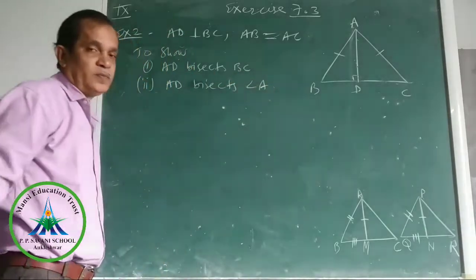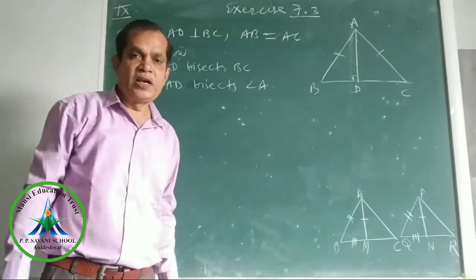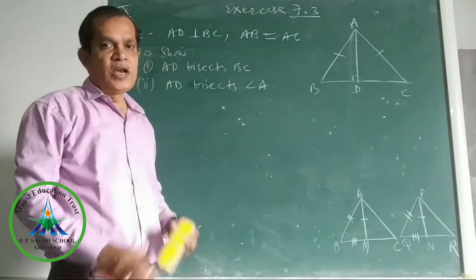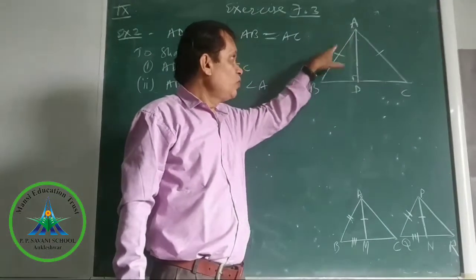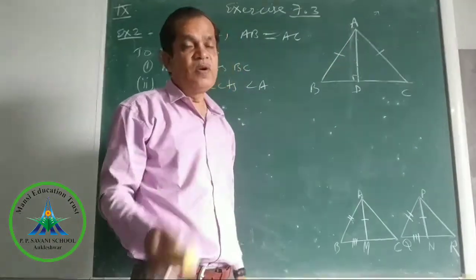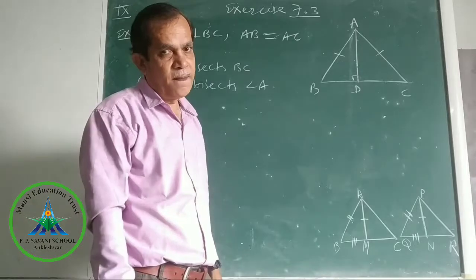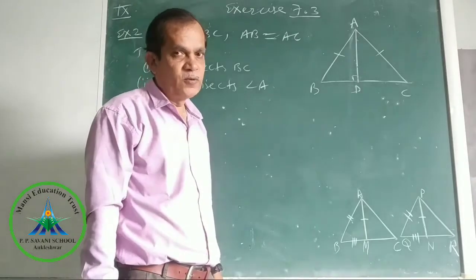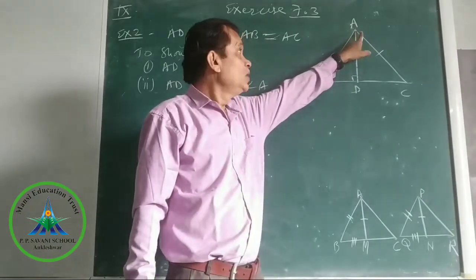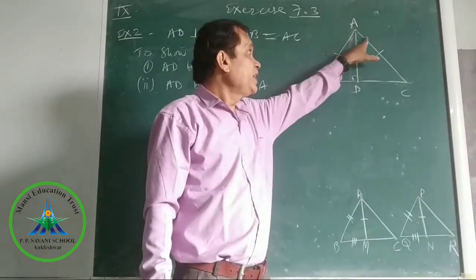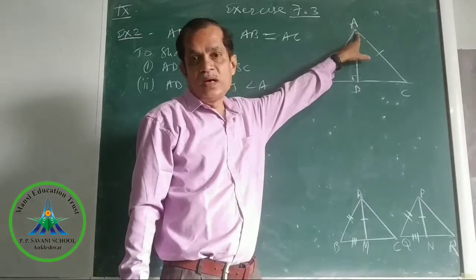Yes, students. ABC is an isosceles triangle, and you must be knowing in this triangle ABC, AB equal to AC. So can you tell me the vertex angle? Anyone? Very good. Vertex A is the vertex, angle A is the vertex angle. Remember.